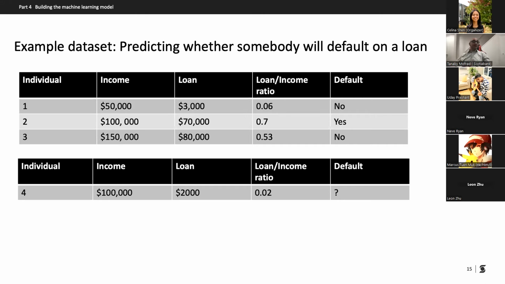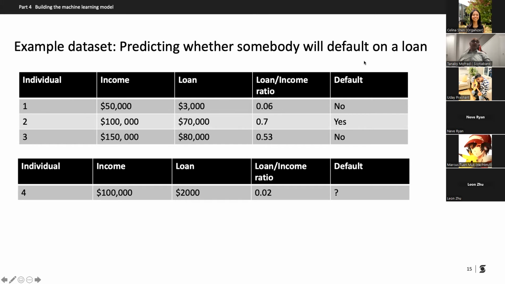As you can see here, this example data set is about predicting whether somebody will default on a loan or not. We have data on actual people who have defaulted on the loan. This is the ID, so we'll remove that. Then there are three different features associated with this data.